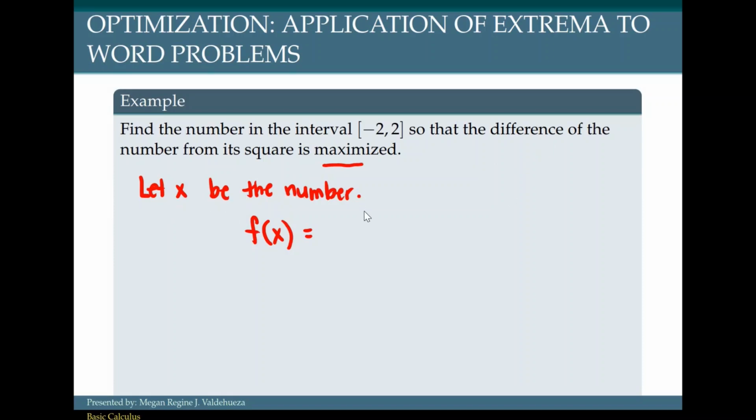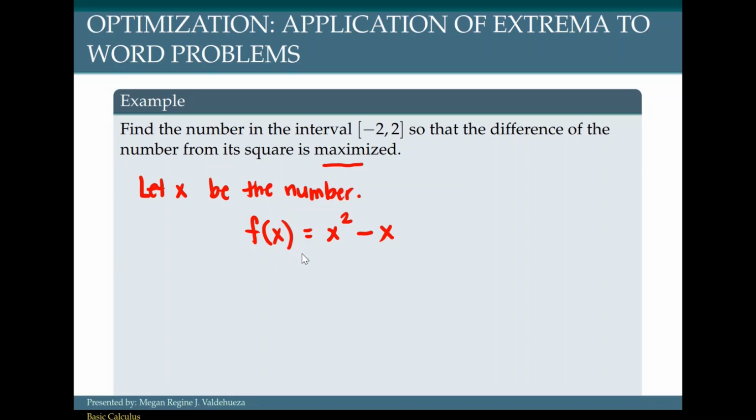Since x is the number that we are looking for, and it says the difference of the number from its square, meaning we have a number squared, and we have minus the number. So we have the function x squared minus x.